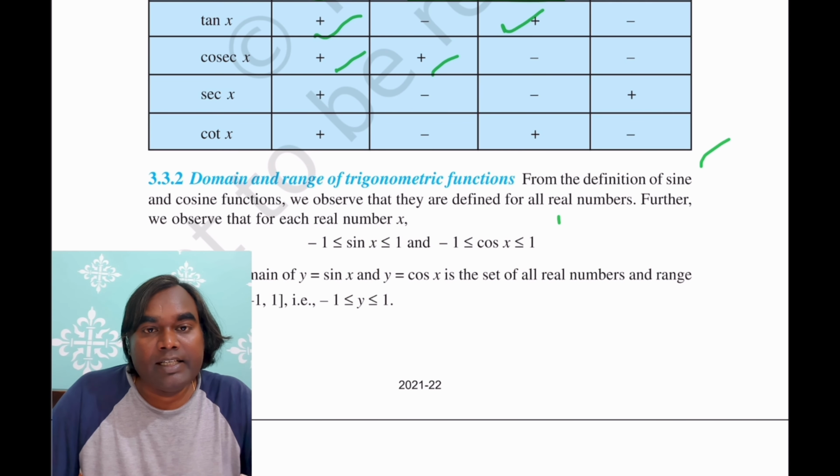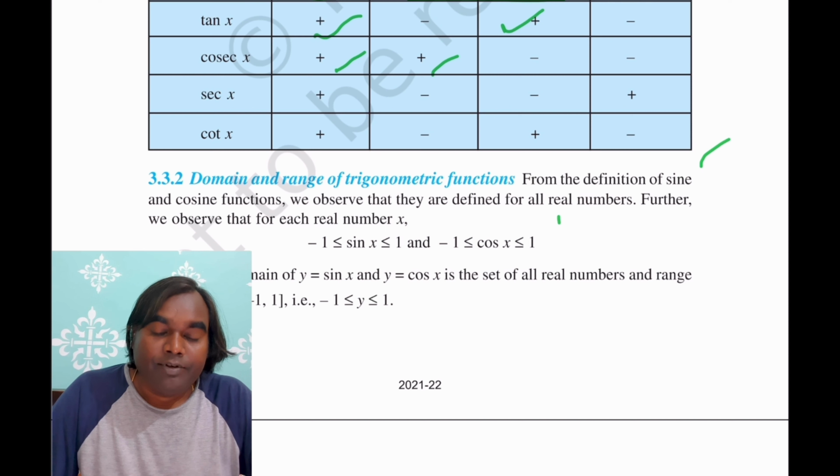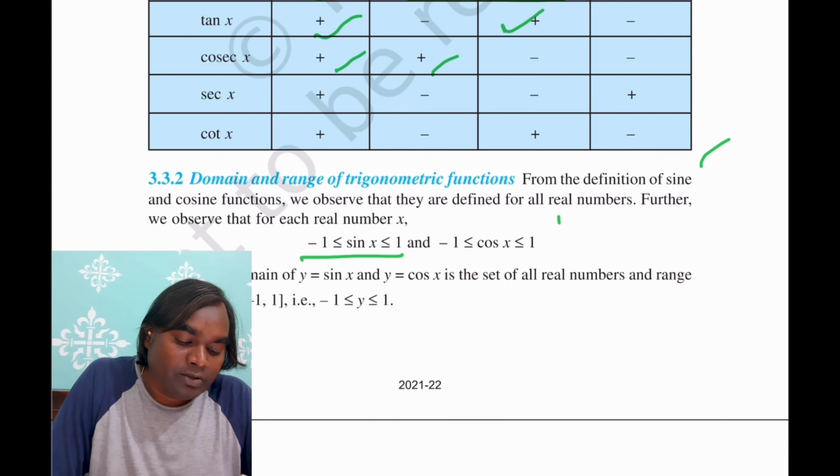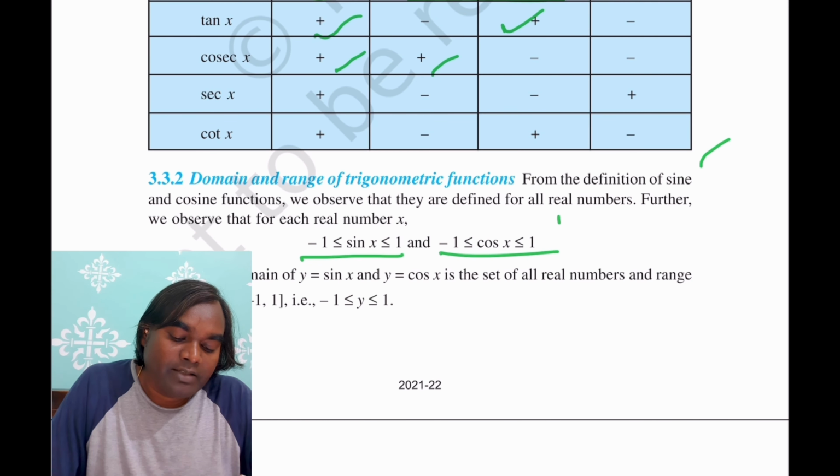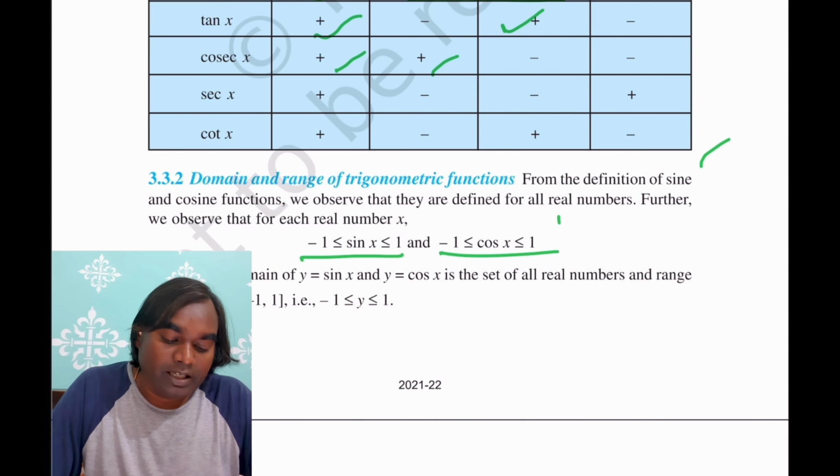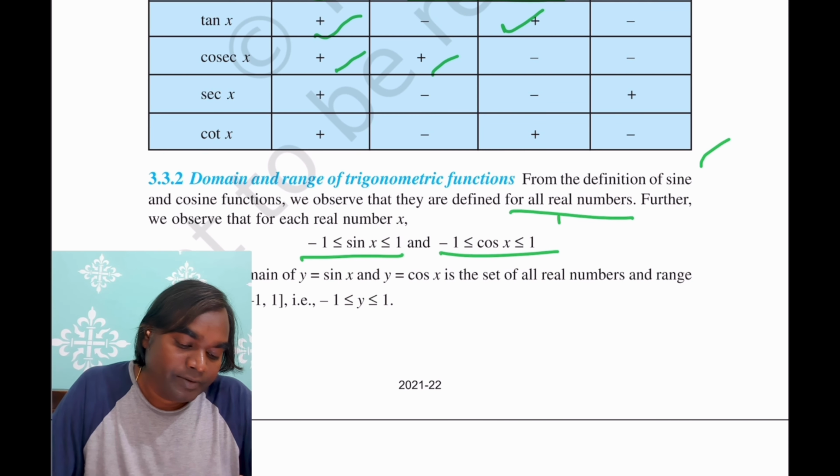Now, domain and range of trigonometric functions. What is the domain and range of a trigonometric function? From the definition of sine and cosine, we observe that they are defined for all real numbers. Further, we observe that for each real number x, sin x lies between -1 and 1, and cos x lies between -1 and 1.